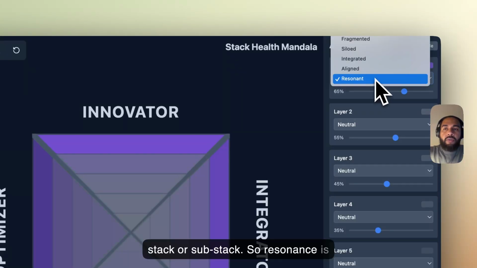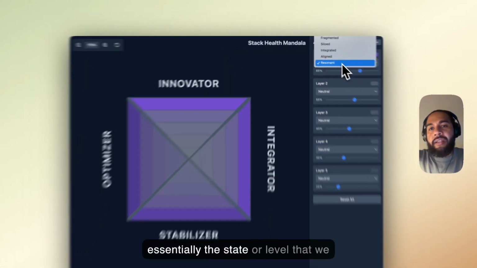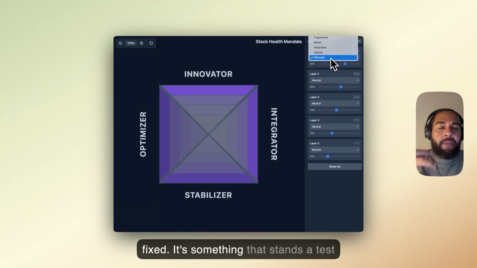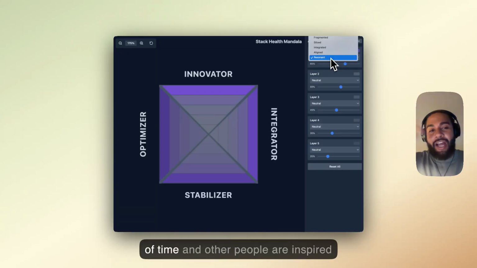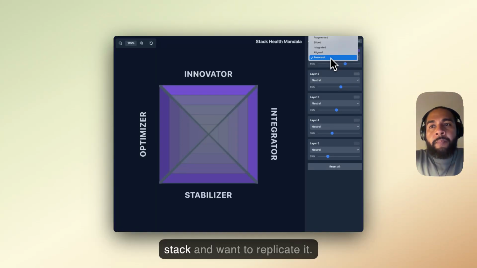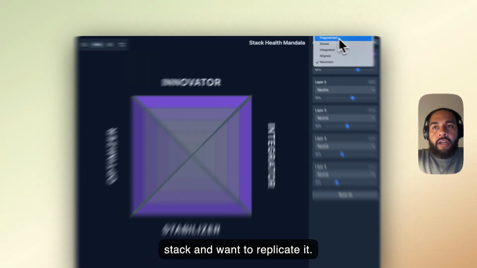Okay? So resonant is essentially the state or level that we want to get to, where essentially it's fixed. It's something that sort of stands the test of time, and other people are inspired by that unique combination of tools or stack and want to replicate it.